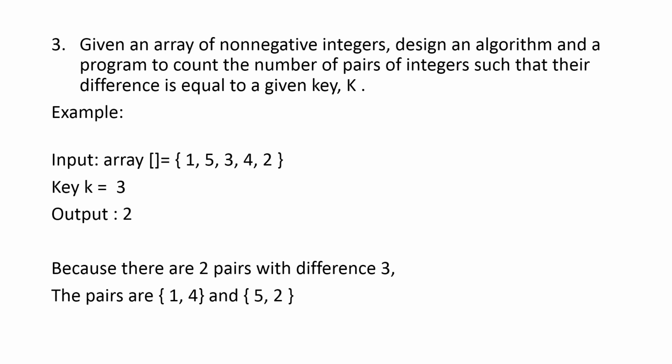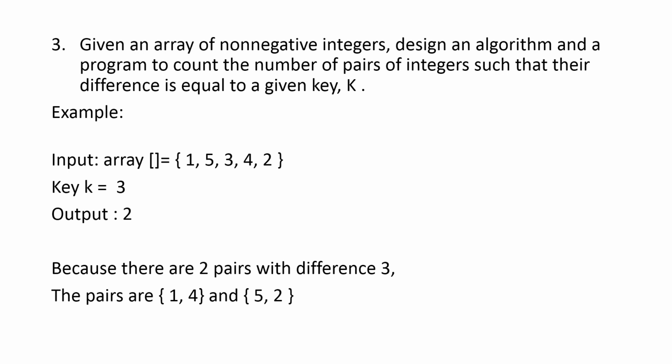So here, suppose 1 and 4, because 4 minus 1 equal to 3, and 5 and 2. So here are two pairs with difference 3. These pairs are 1 and 4, meaning 4 minus 1 equal to 3 equal to key, and 5 minus 2 equal to 3.